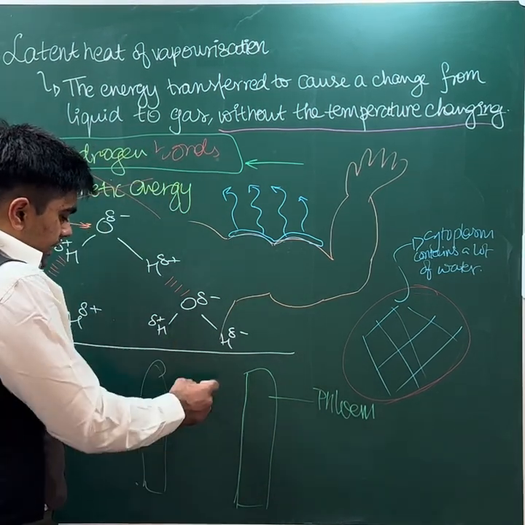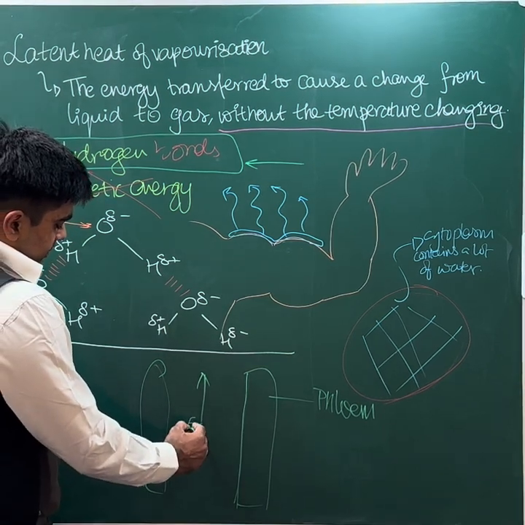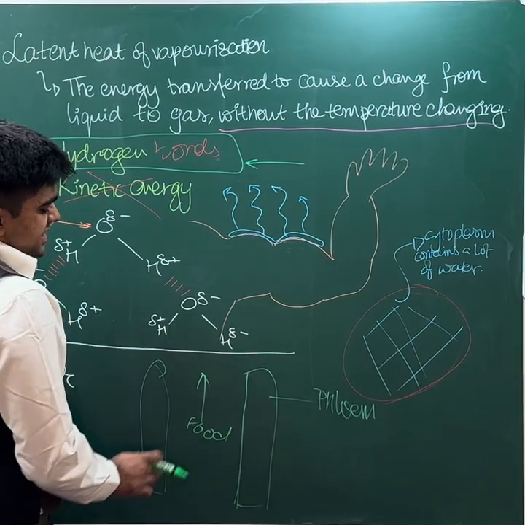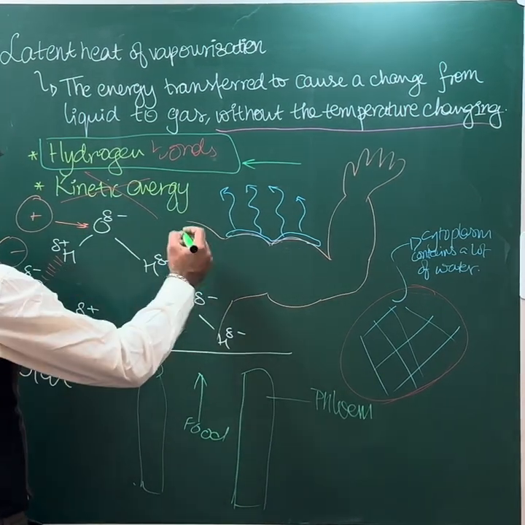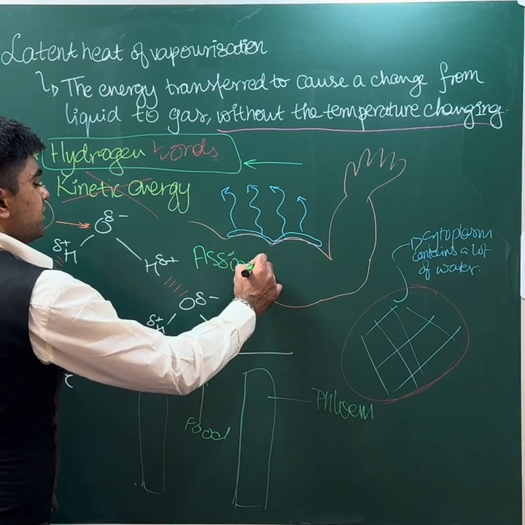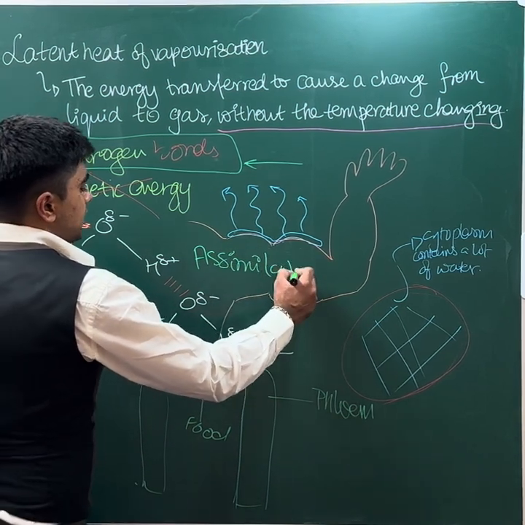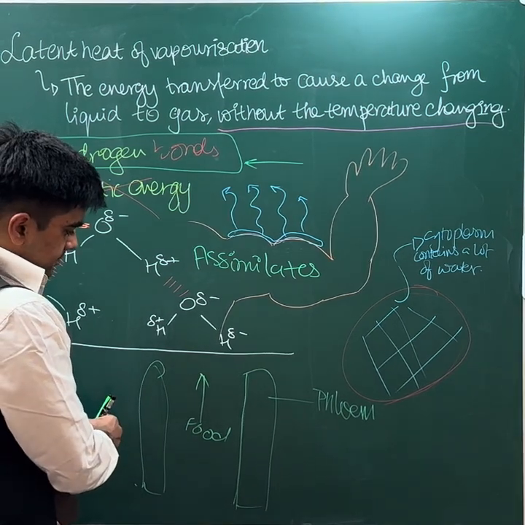This is our phloem. Now what goes up and down the phloem? We've got food. We've got assimilates, I'll write the keyword here. Assimilates are essentially just sugars, or you can call it plant food. They are traveling up your plant.